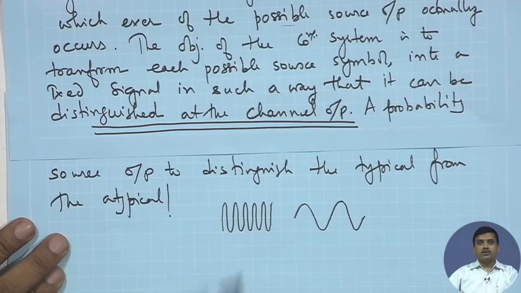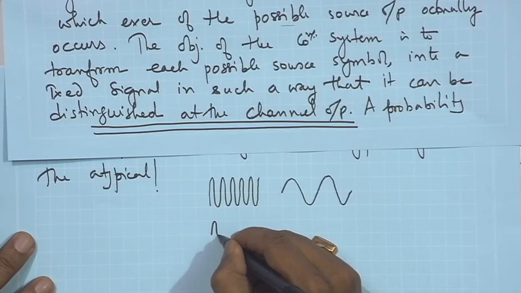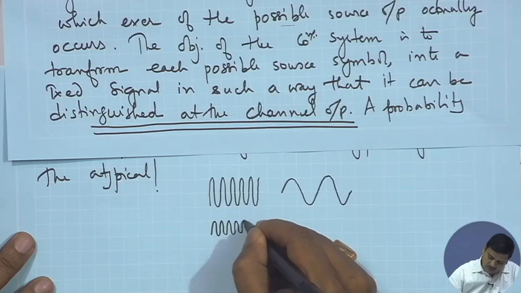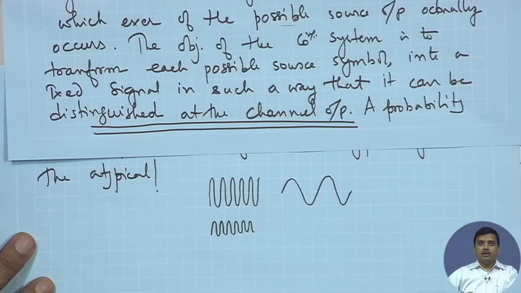I should be able to distinguish based on the frequency. If I am using this as 1, I could use this as 0, distinguishing it by the amplitude. Then we could also use the phase information, but the way we should do it is that we should be able to distinguish. If we are not able to distinguish, that means we are going into error.